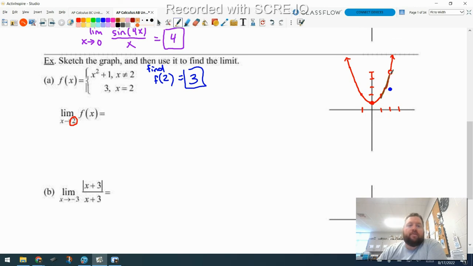From the left, the function is approaching that open circle. From the right, the function is approaching that open circle. That open circle is the answer to this limit problem. The answer to this is 5. The limit and the actual value of the function do not have to agree. The limit doesn't care what the actual function value is. The limit only cares about what the function is approaching as the x value approaches that number.